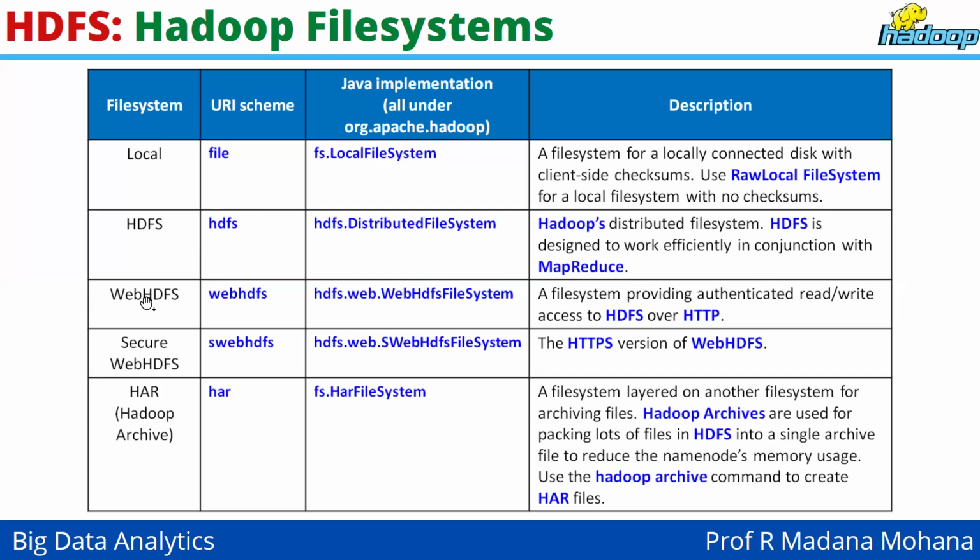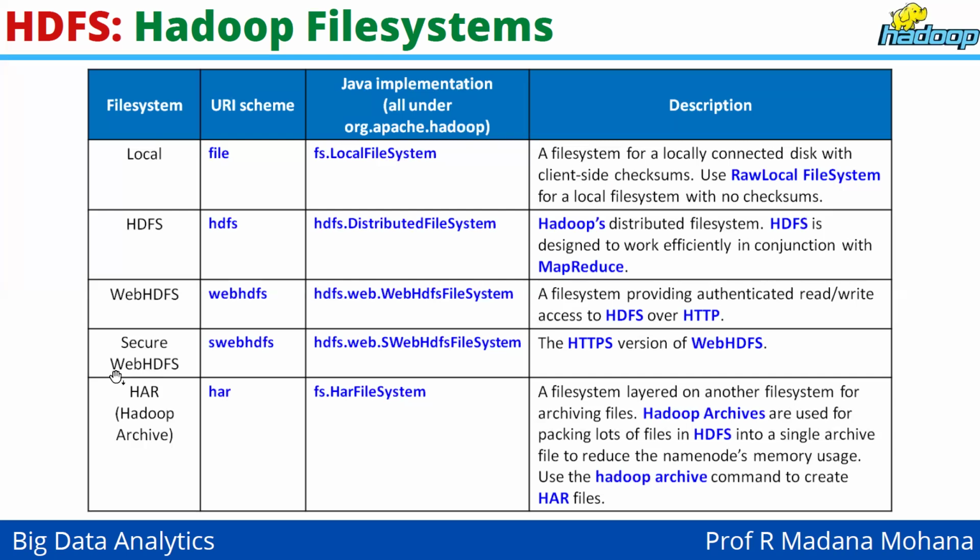Then WebHDFS is the next file system. Its URI scheme is webhdfs. Its implementation is org.apache.hadoop.hdfs.web.WebHdfsFileSystem. Its purpose is a file system providing authenticated read and write access to HDFS over the HTTP protocol.